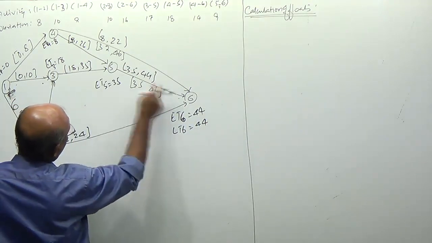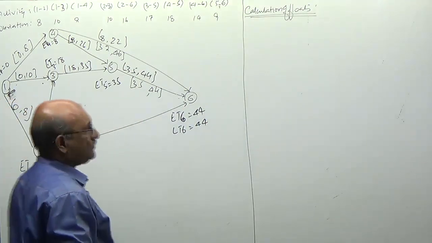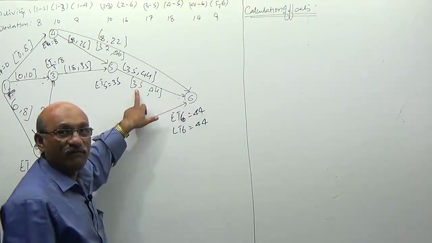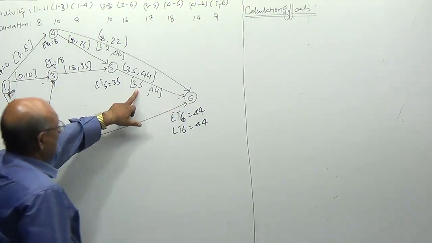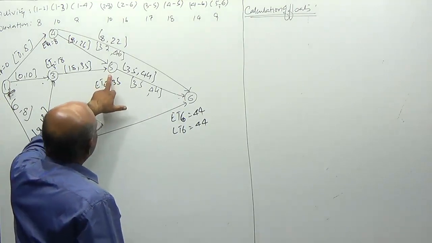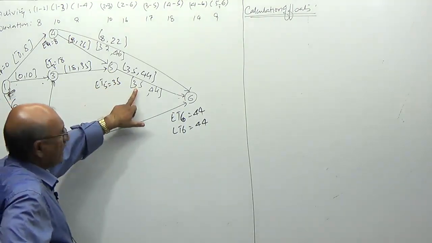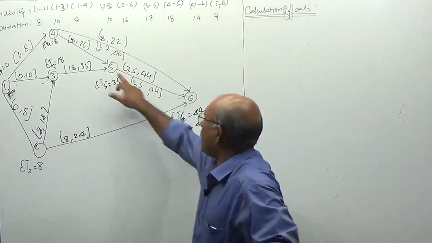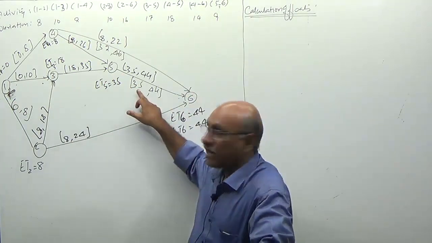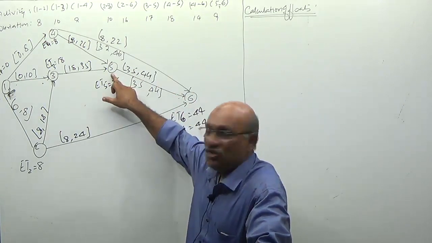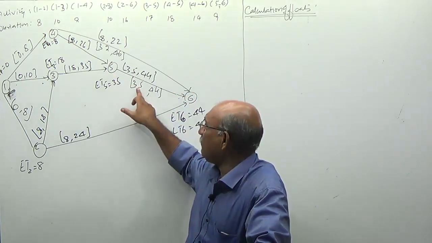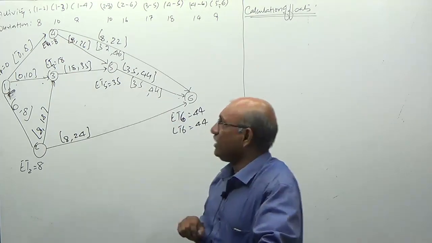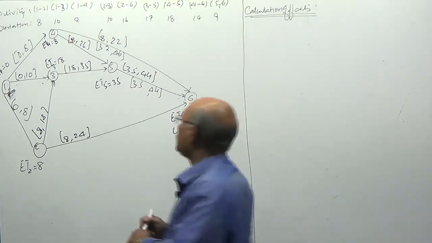To start activity 5-6 on the 35th day, sir, I have to reach node number 5 on the 35th day. One more time, look at this. Otherwise, it is not possible for me to start this activity on the 35th day.